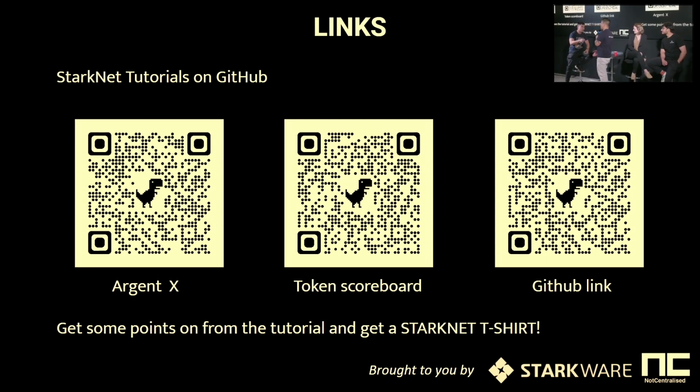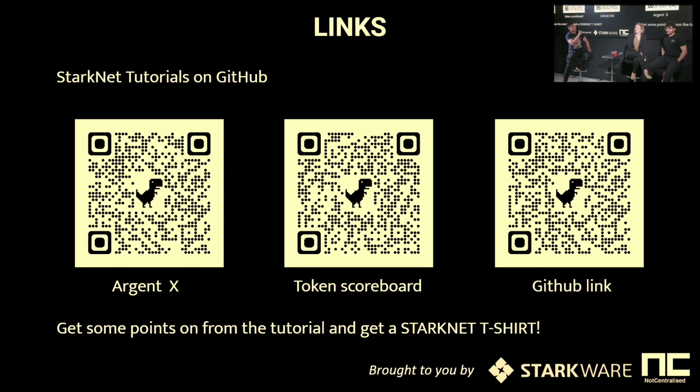So if you can tell them what they can do to learn. This is what I did to actually earn this T-shirt back at the event. What you have to do is download ArgentX, which is a Chrome-based wallet for StarkNet.